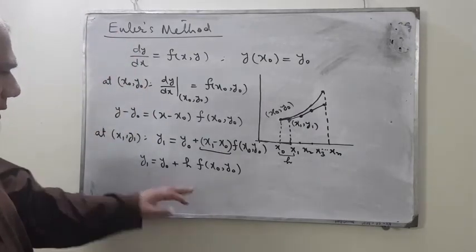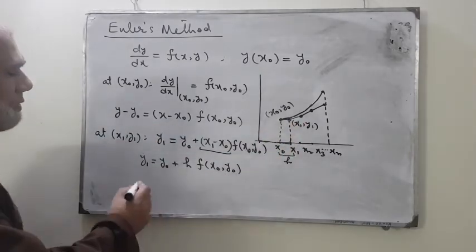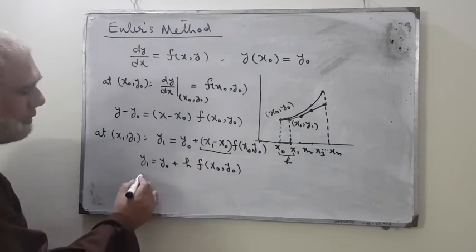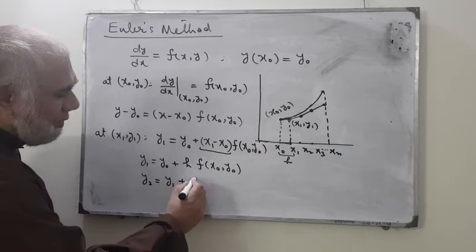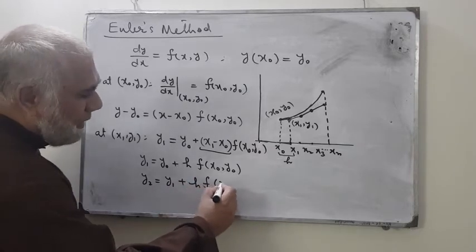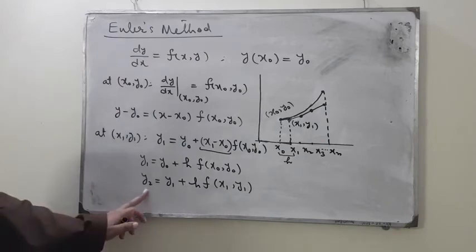Okay, after doing this, if we go to the next interval, according to this equation we can write down the next equation directly. So the result takes the form y1 plus h times f of x1 and y1 for the second interval.